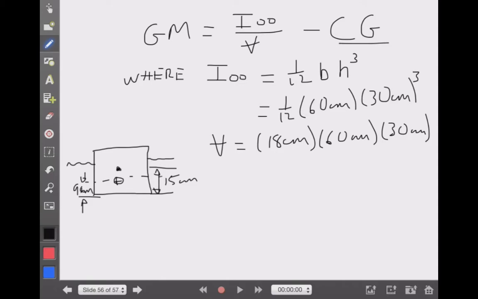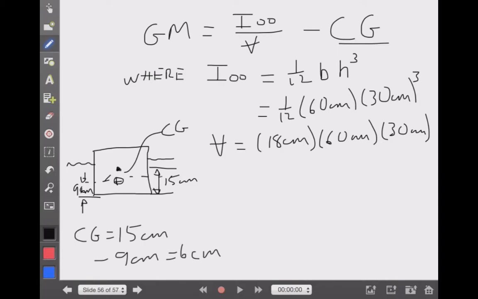So the distance CG between the center of gravity and the center of buoyancy is simply 15 centimeters minus 9 centimeters equals 6 centimeters.